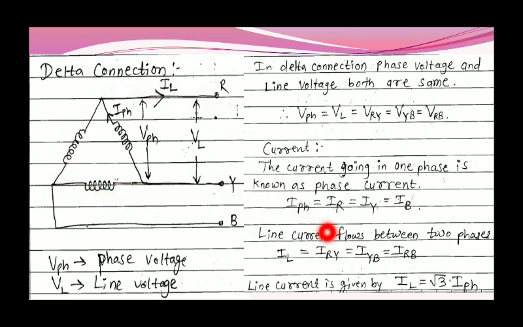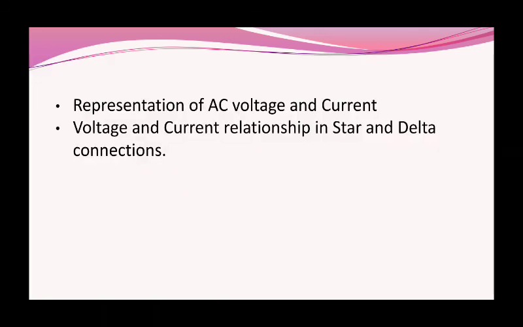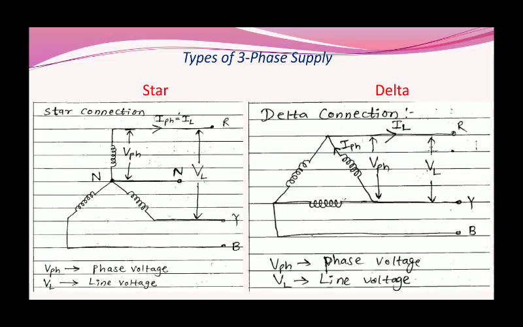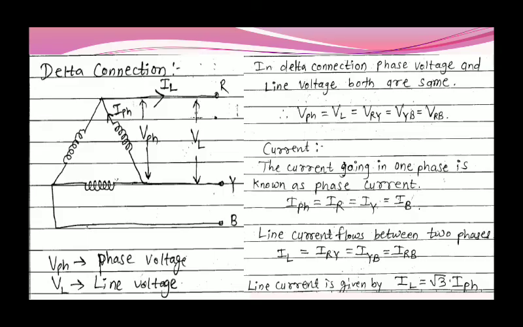Line current is given by the last equation: IL is equal to root 3 times the phase current. This means the magnitude of line current is root 3 times the current flowing in the phase. So this is the relation between voltage and current for star and delta.